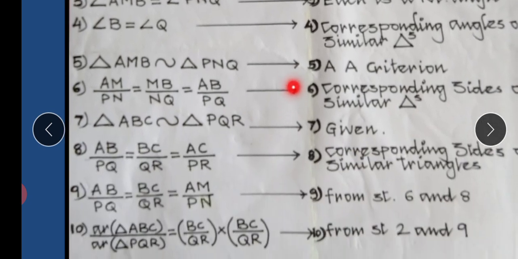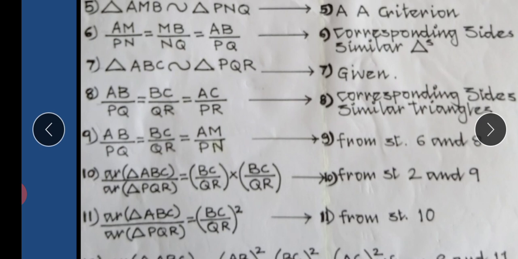And here we have already proved in statement 9, BC upon QR is equal to AM upon PN. So in statement 2, in place of AM upon PN, now we can write BC upon QR, which makes area of triangle ABC upon area of triangle PQR equal to BC upon QR whole square.